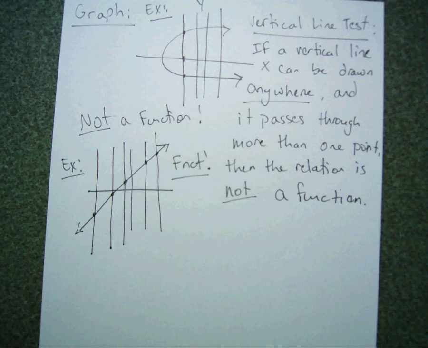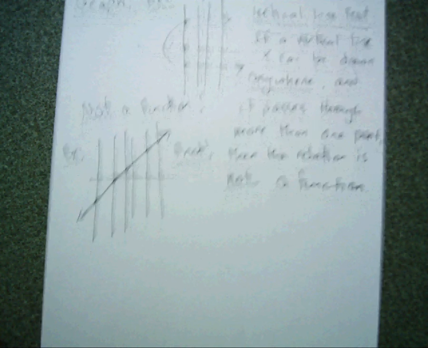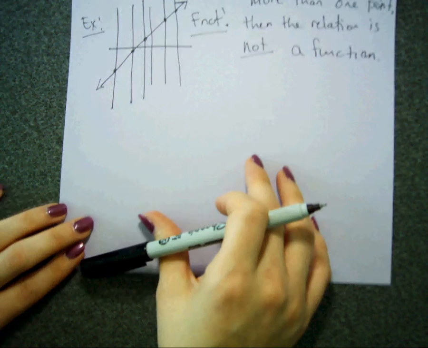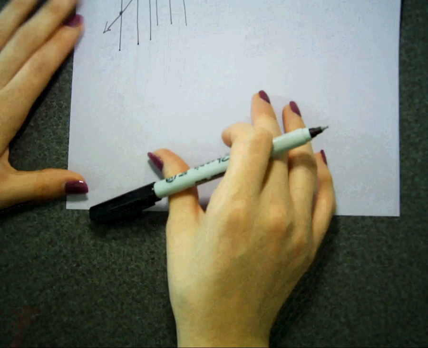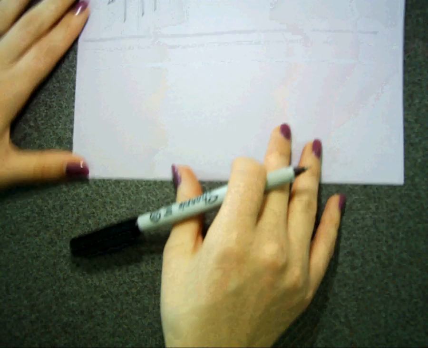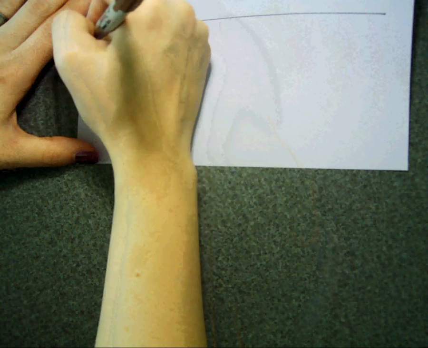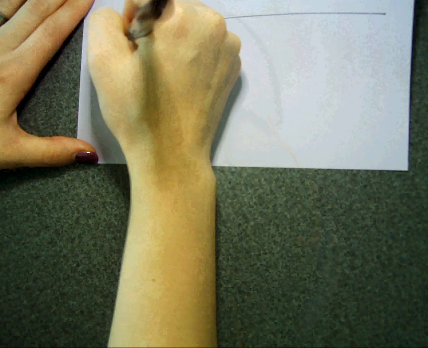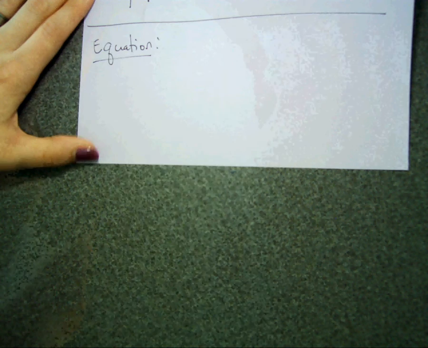Now the third representation that we could have, so we've looked at ordered pairs and tables, we've looked at graphs. The third representation we have of a relation or function is the actual equation of the rule. And again, the same thing carries over. If I plug in an x value, I should only get back a single y value.